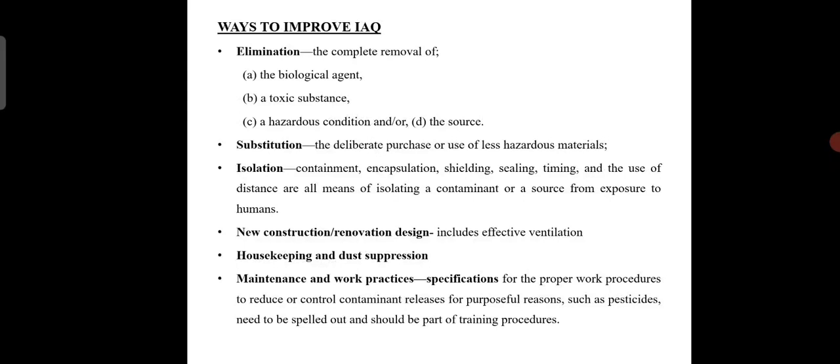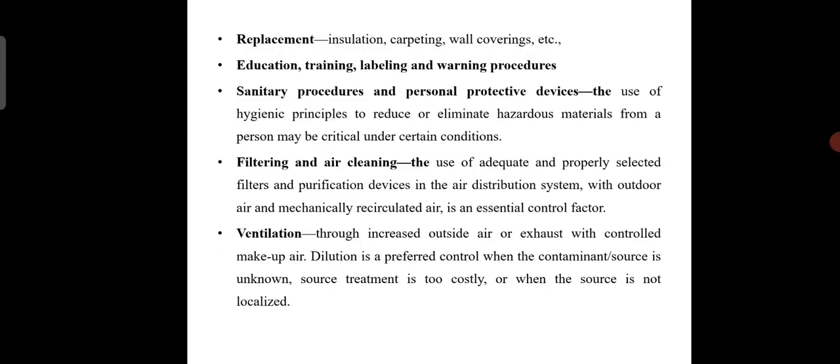So the next is proper ventilation. So improved ventilation is increasing the amount of outdoor air coming indoors. So natural ventilation is the best ventilation that can improve the indoor air quality by diluting the pollutants inside the building.